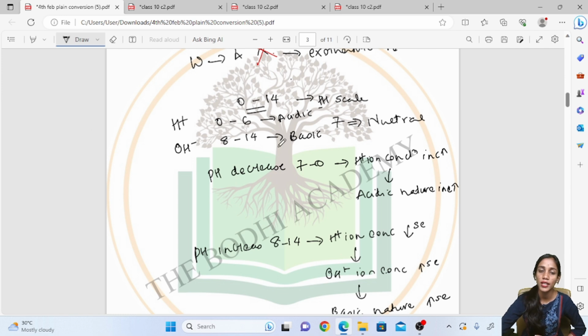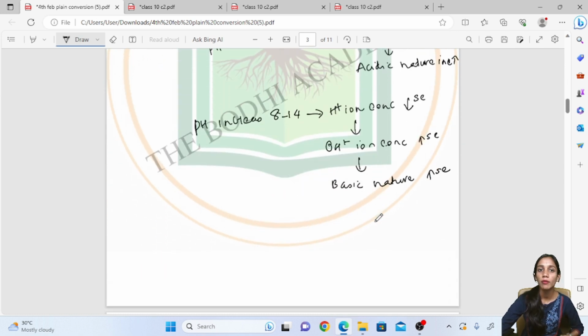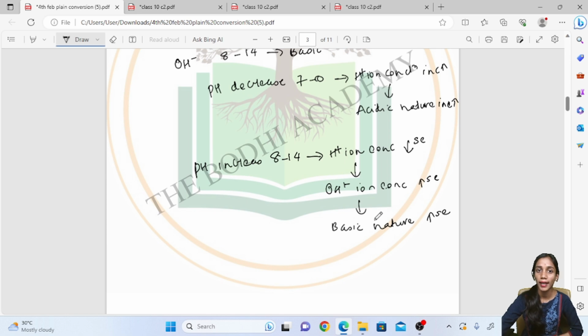From 0 to 6 we have acidic nature, and acidic nature increases as you go from 7 to 0, where the H plus ion concentration increases. But when you go from 8 to 14, the H plus ion concentration tends to decrease.